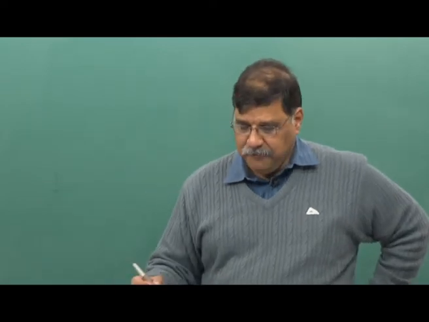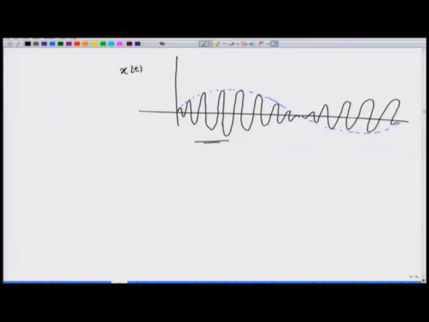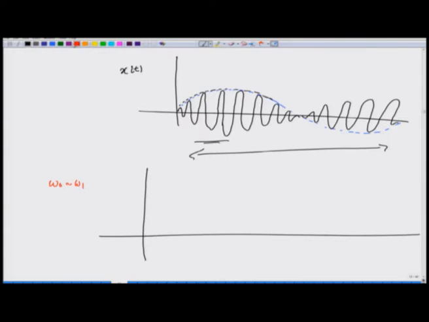Notice that if omega 0 comes close to omega 1, this blue part, the way the amplitude varies, is going to become larger and larger in time, and that means this is going to expand. So, if I have two closer frequencies, suppose omega 0 is very close to omega 1, then this blue part would look like the orange part, it will just keep going like this.